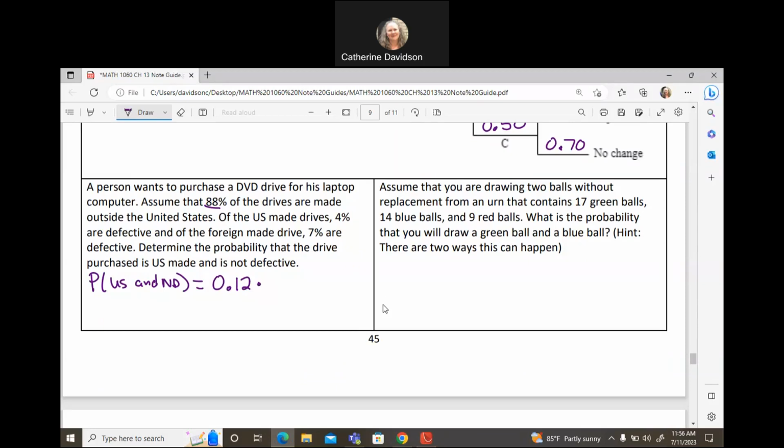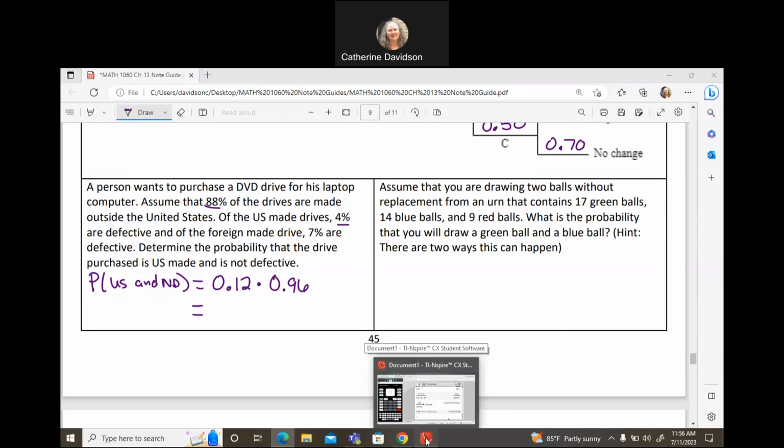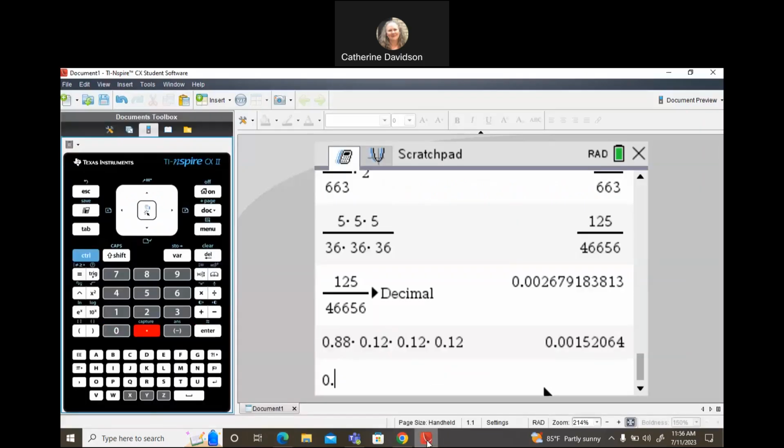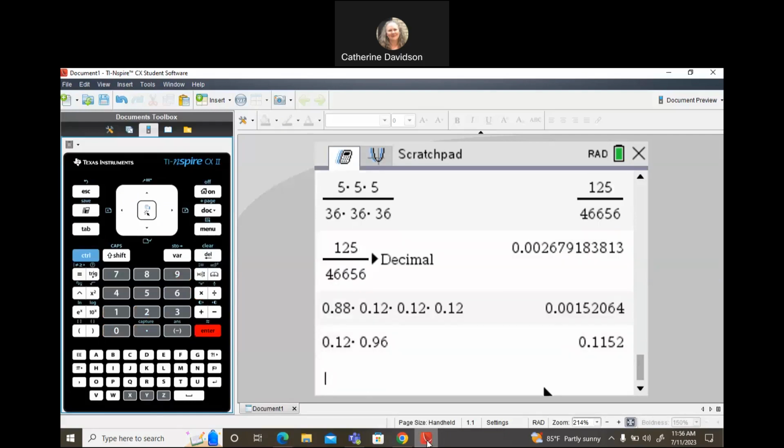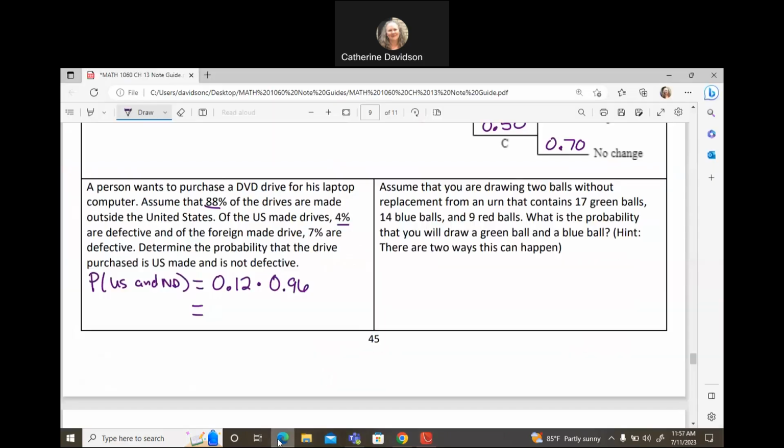Of those made in the U.S., 4% are defective, so that means 96% or 0.96 are not defective. We don't even use the 7%. So 0.1152.